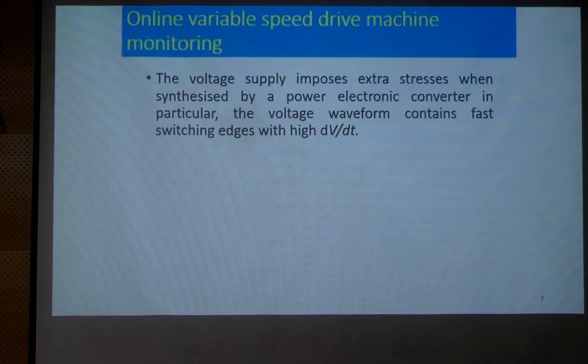For PWM source inverters, pulse width modulation source inverters, for achieving high frequency, high voltage, and also fast rise time voltage impulses, when we want high speed control efficiently, we are trying to go for silicon carbide type devices, where the features are high frequency switching, high voltage, as well as fast rise time.